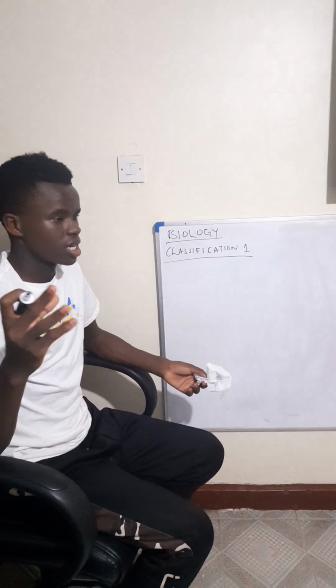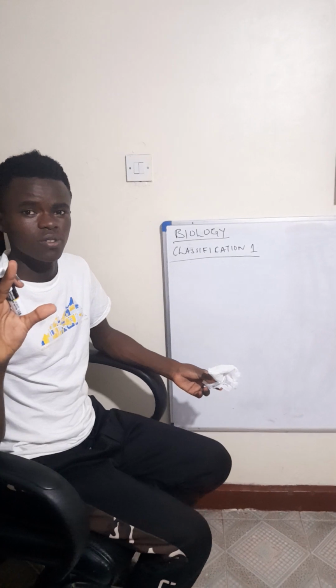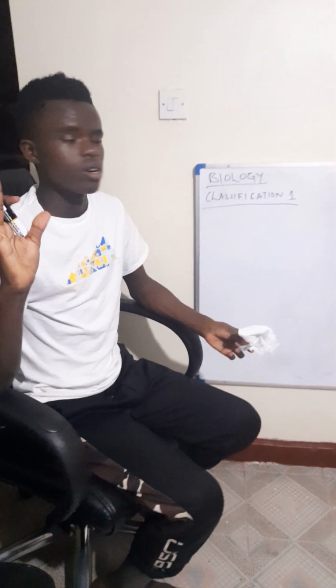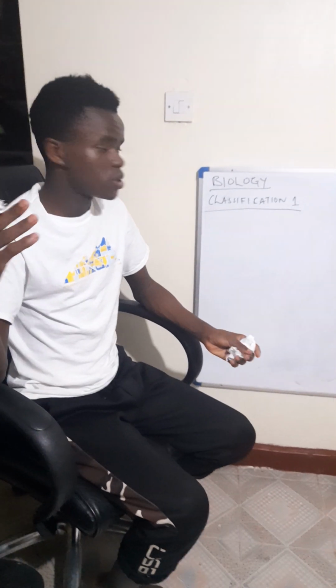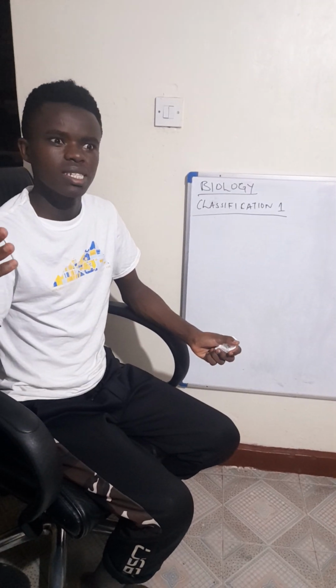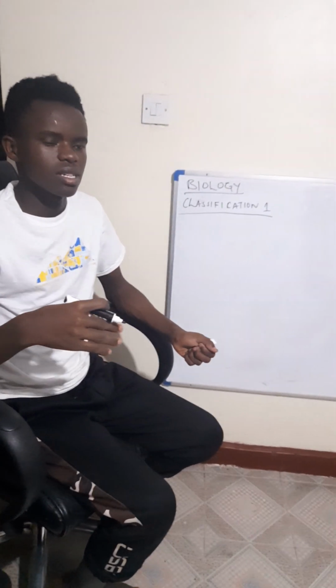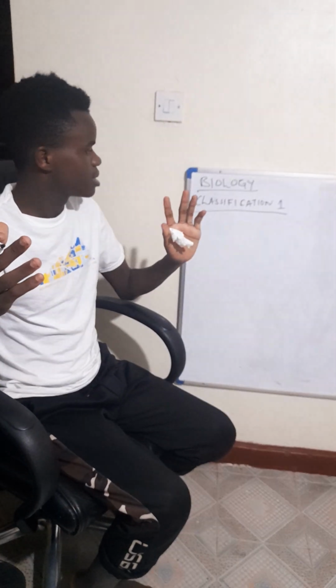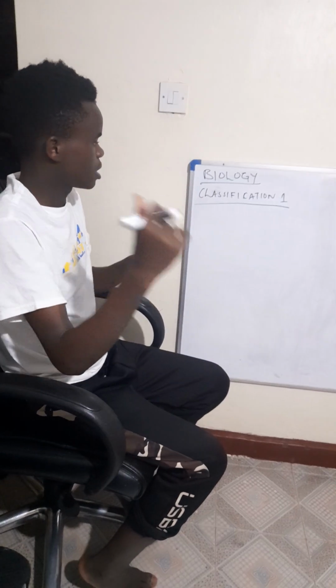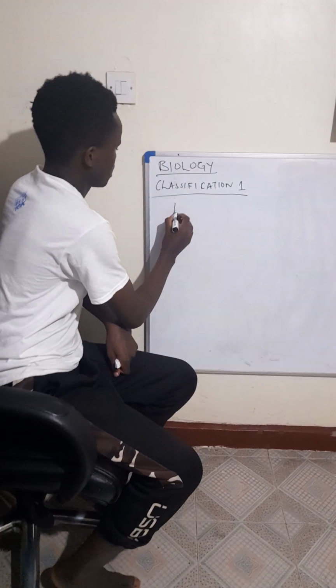So now we have around seven groups of units of classification. I'm going to give you a formula that will help you identify them, because you may be asked to name all of them in an exam.